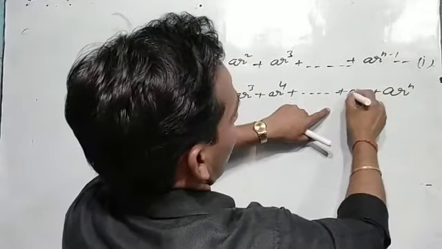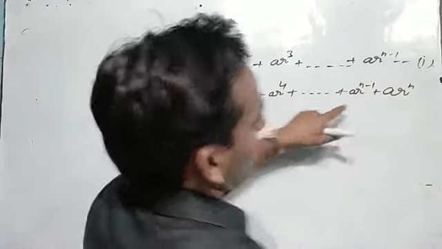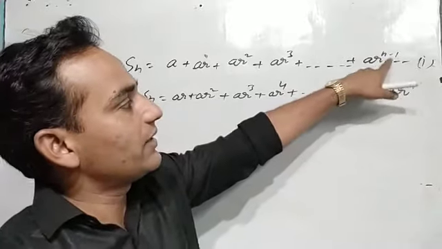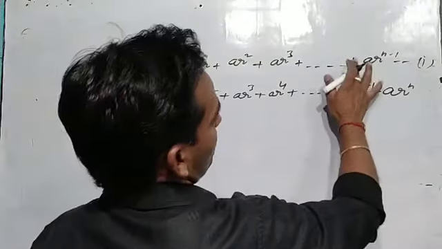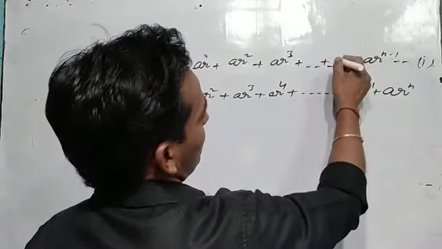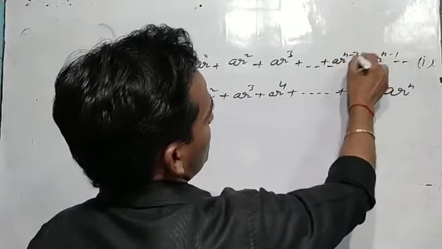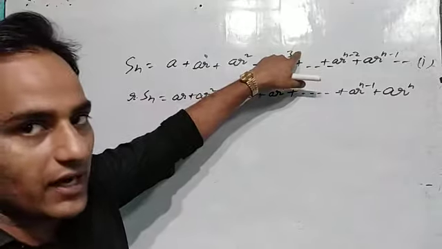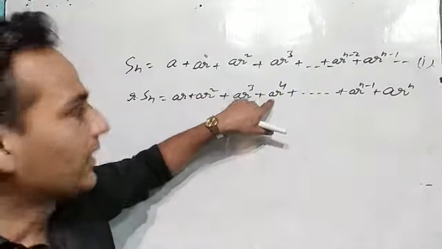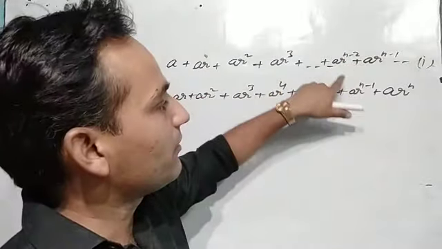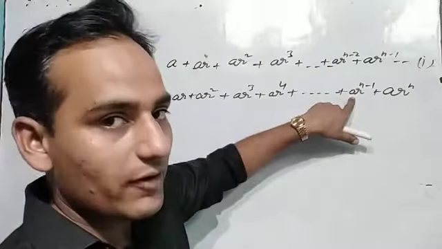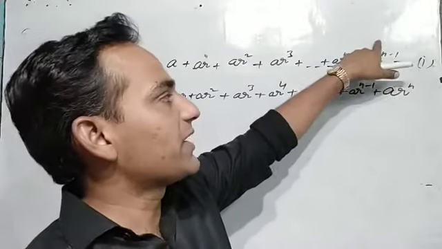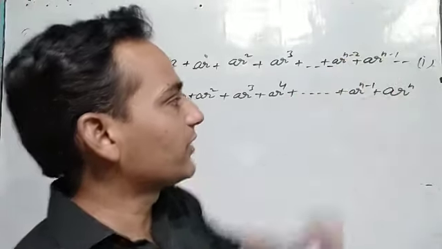Just before this we will have ar power n minus 1. Are you getting me? Because here we have ar power n minus 1, so just before this we must have ar power n minus 2. And ar power 3 multiplied by r gives ar power 4. If ar power n minus 2 is multiplied by r, we get ar power n minus 1, and ar power n minus 1 multiplied by r gives ar power n.